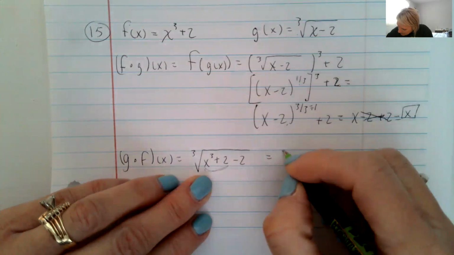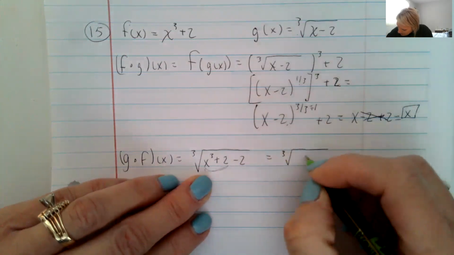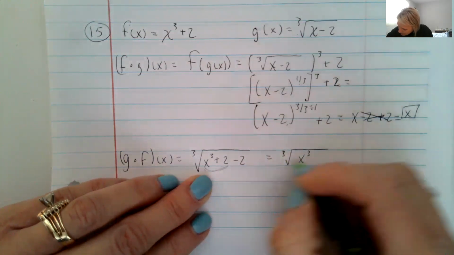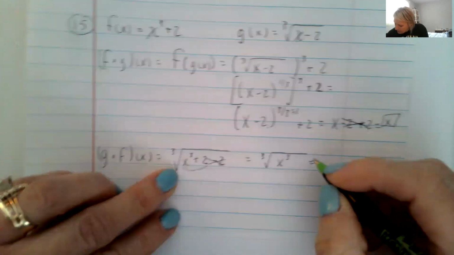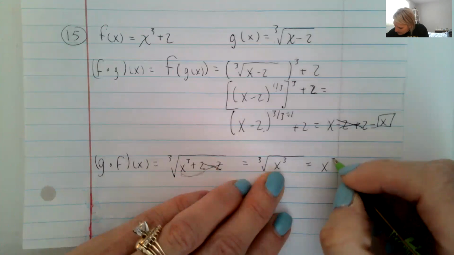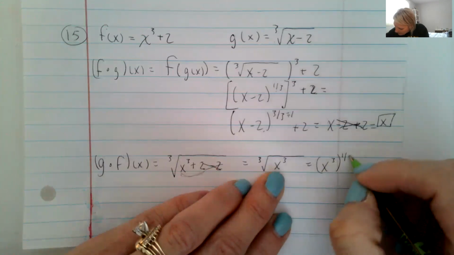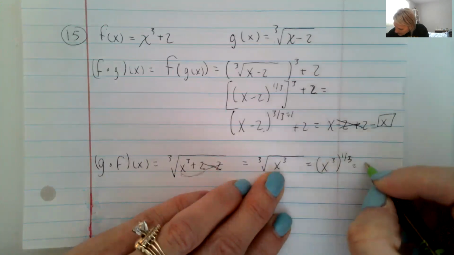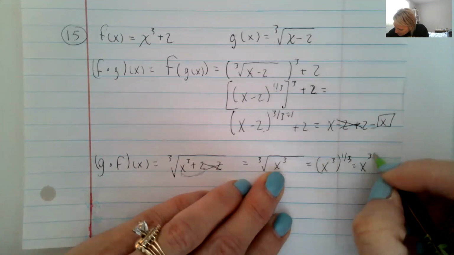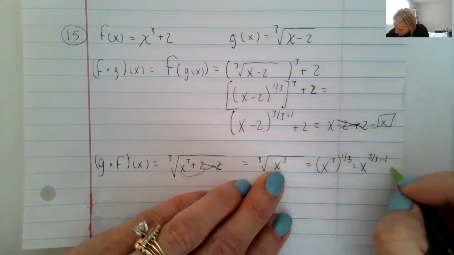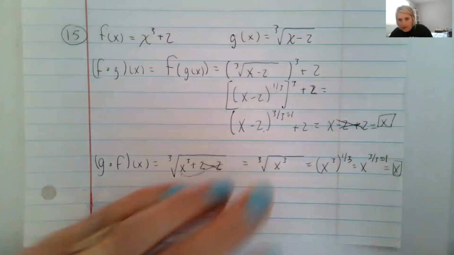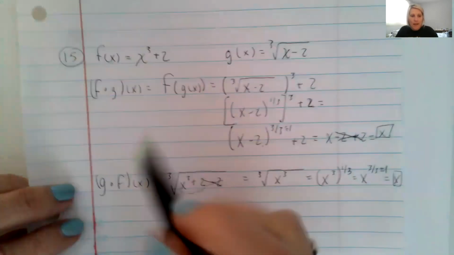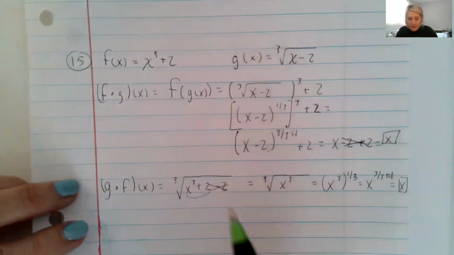So we have the cubed root of x cubed, because 2 minus 2 adds to 0. And so this is the same as x cubed to the 1/3. And that's x to the 3/3, which equals 1. So it's just x. So f of x and g of x are inverses of each other.